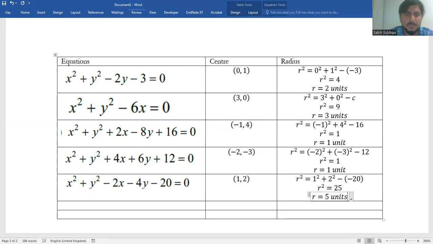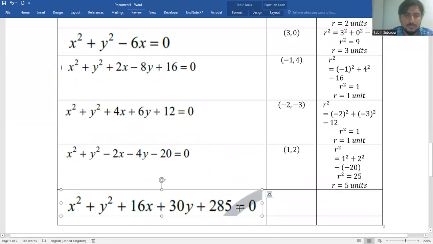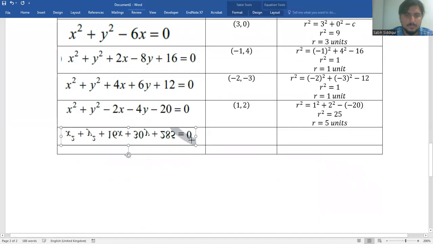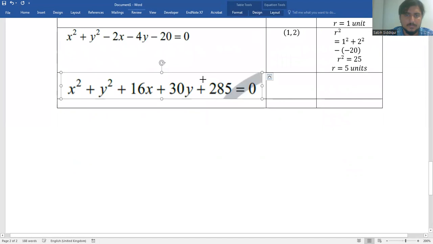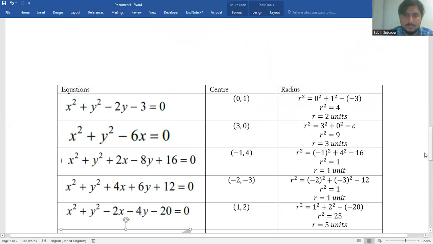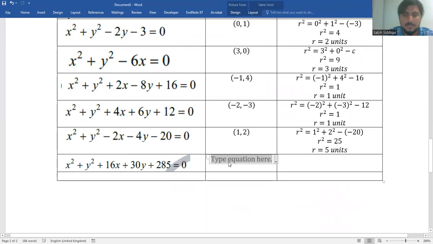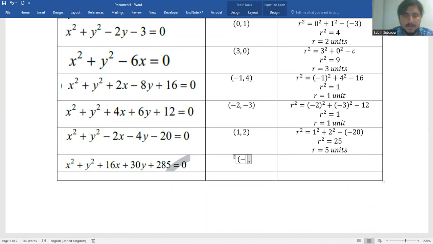Similarly, let's go to another question. Hey class, again for this one, what will be the center? 16 divided by -2 is -8, and 30 divided by -2 is -15.